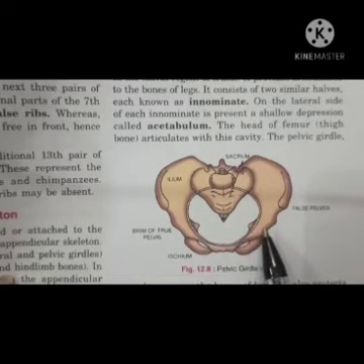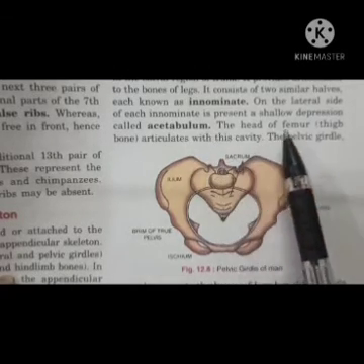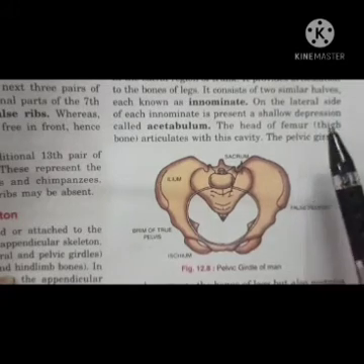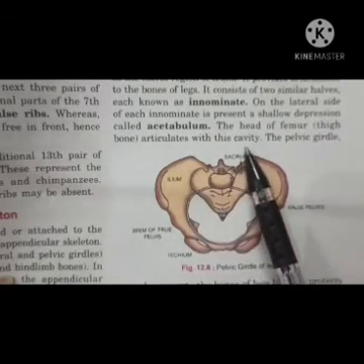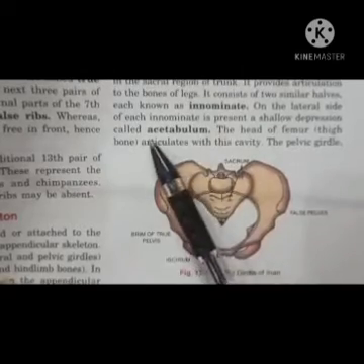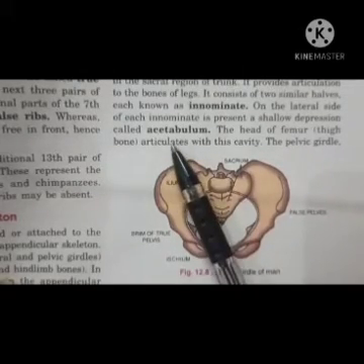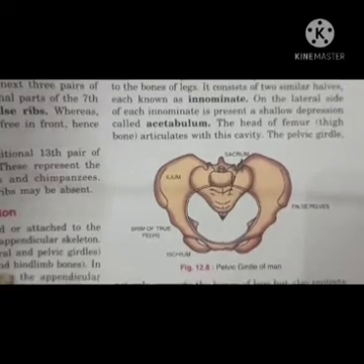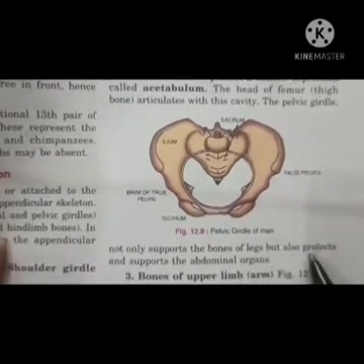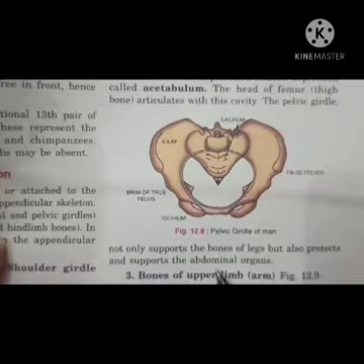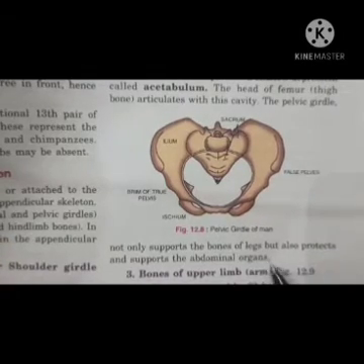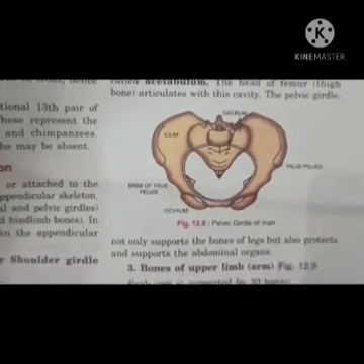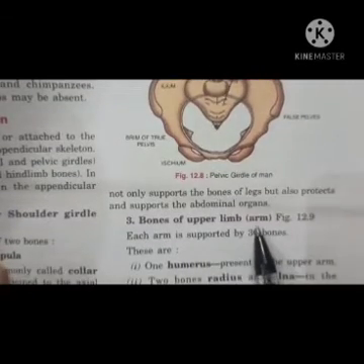What is it called? Acetabulum. And the head of the femur, that is your thigh bone, articulates with this cavity. So what is the function of acetabulum? It articulates the head of the femur, right? The pelvic girdle not only supports the bones of the legs but also protects and supports the abdominal organs like your kidneys and reproductive organs.